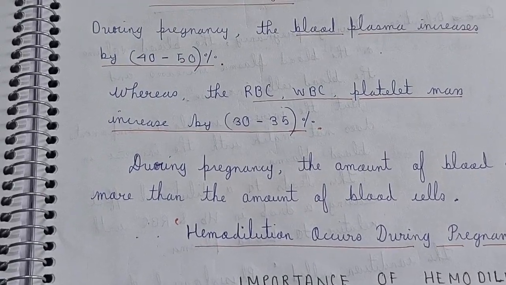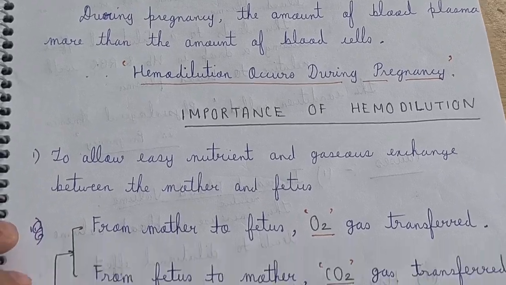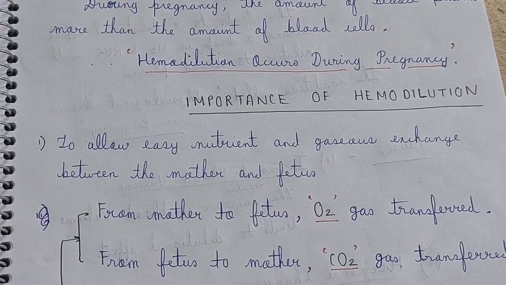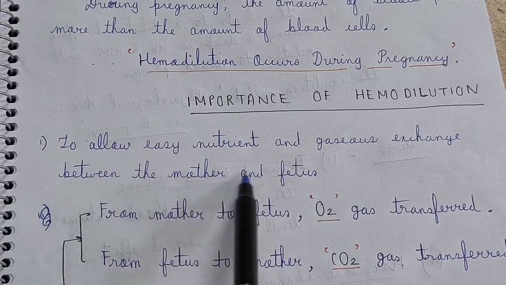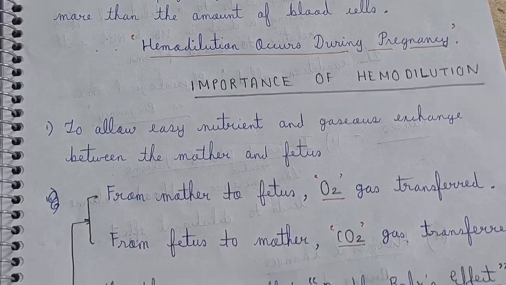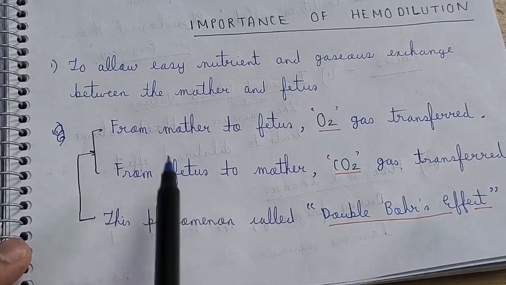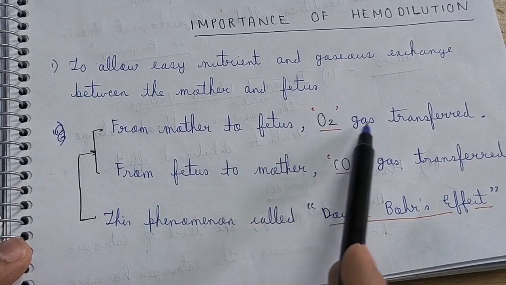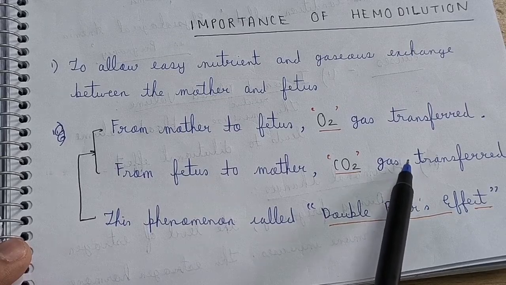So this is the reason for hemodilution. Now again, the importance of hemodilution: the first is to allow easy nutrient and gaseous exchange between the mother and the fetus. And this is also the main concept of the double force effect, that from mother to fetus oxygen gas is transferred, and from fetus to mother carbon dioxide gas is transferred.